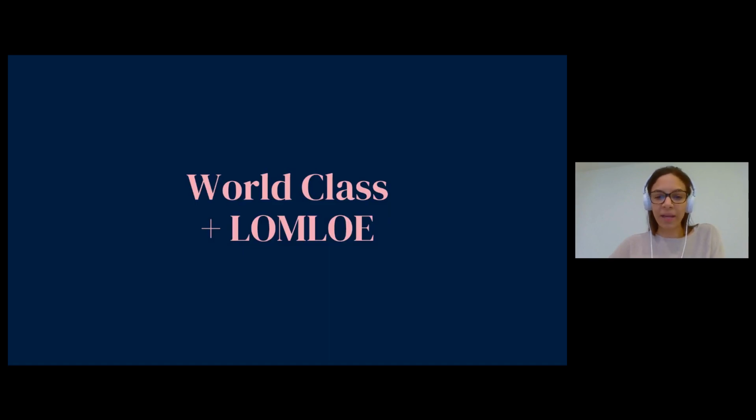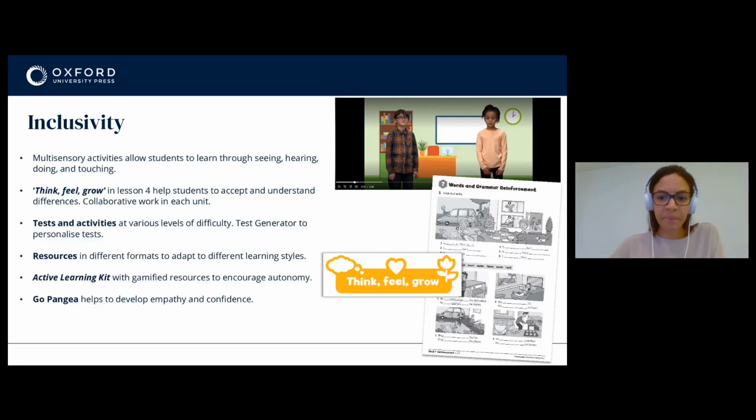Now let's have a look at how World Class aligns with or includes the new components featured in the LOMLOE. Let's start with inclusivity. Inclusivity is one of the main topics of the new reform, and World Class aims to include all learners by offering a wide range of multisensory activities, enabling students to learn through seeing, hearing, doing, and touching.